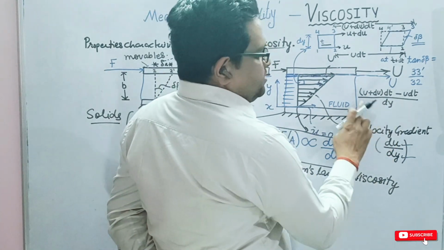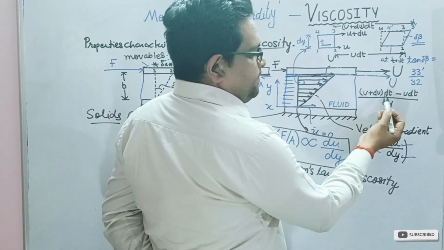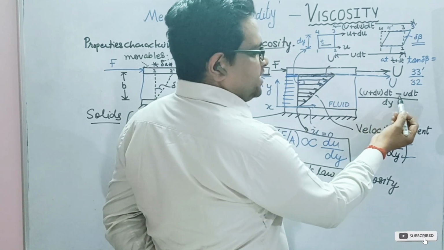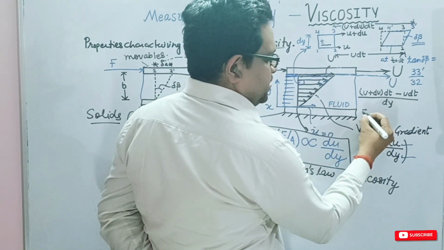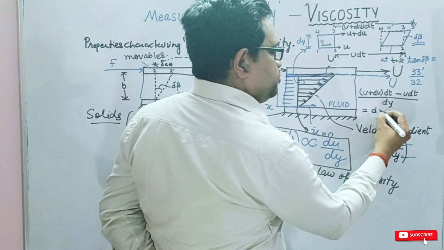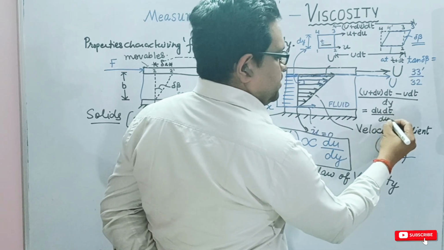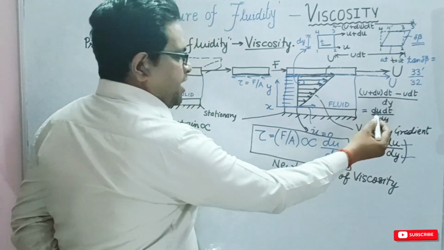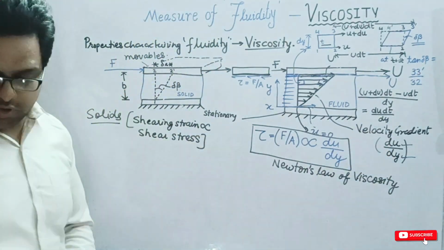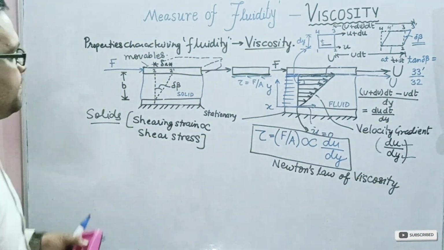On calculating this, we get u dt plus du dt minus u dt, so we get du dt upon dy.